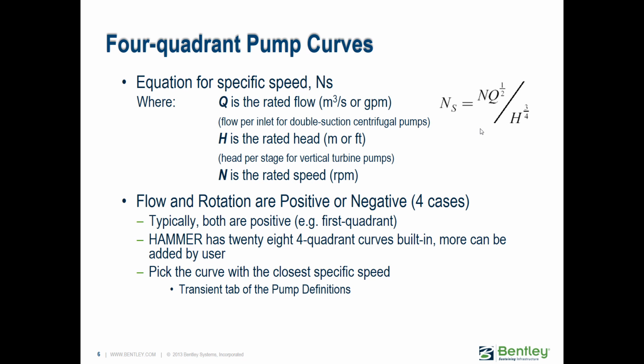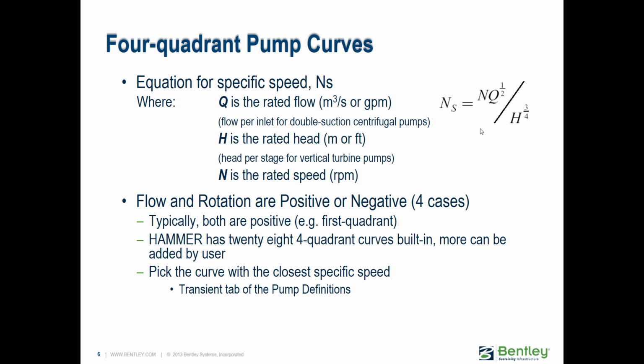The reason why it needs to use the specific speed is because when you're dealing with a transient event, the pump may not be operating in the positive head, positive flow, everything being positive quadrant. You're actually dealing with a four-quadrant pump definition.